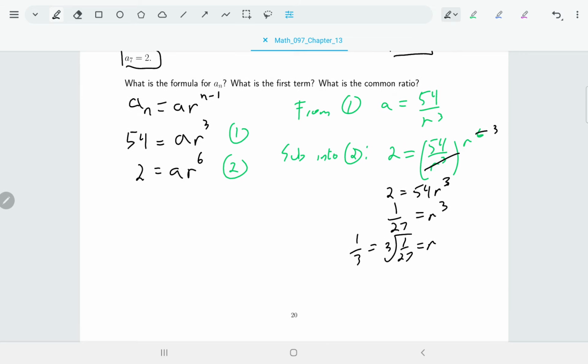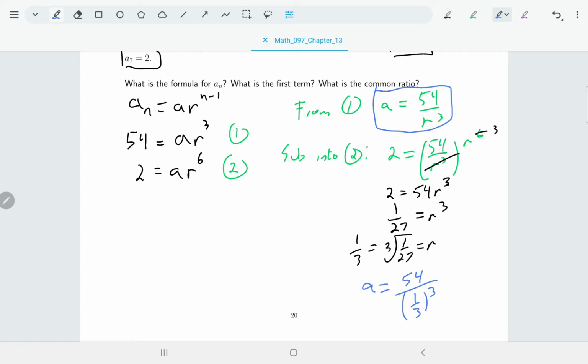We found what r is, and once we know r, we can use it to find a using the previous equation. Since a is 54 over r cubed, a should be 54 over 1/3 cubed.